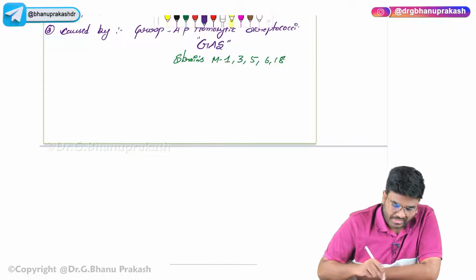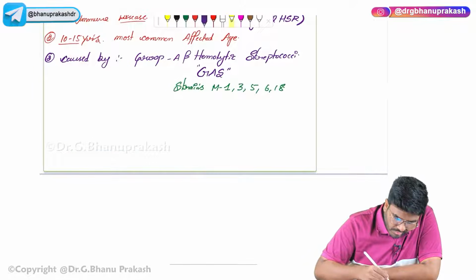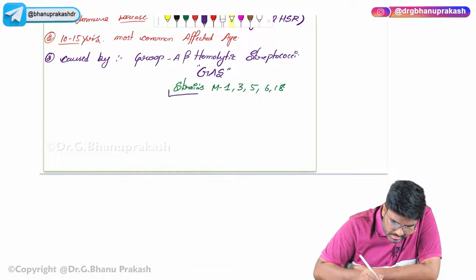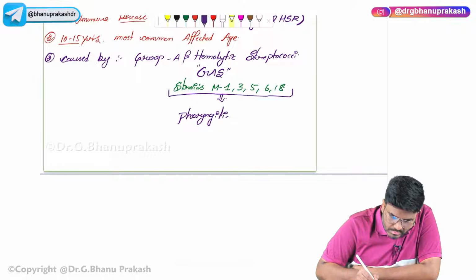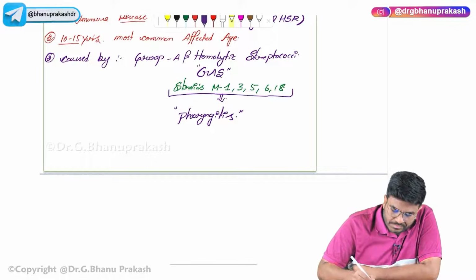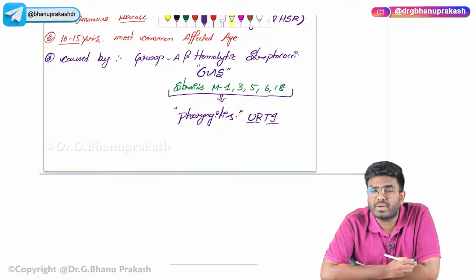What happens is, this group A beta hemolytic streptococci first causes strep throat or pharyngitis. Because of this infection, it's an upper respiratory tract infection.